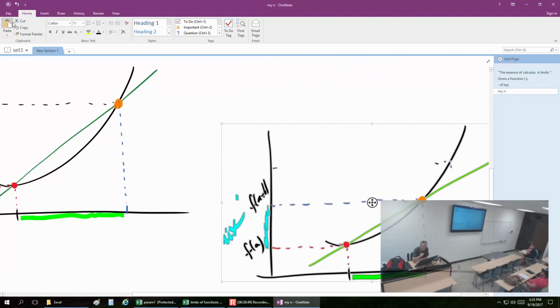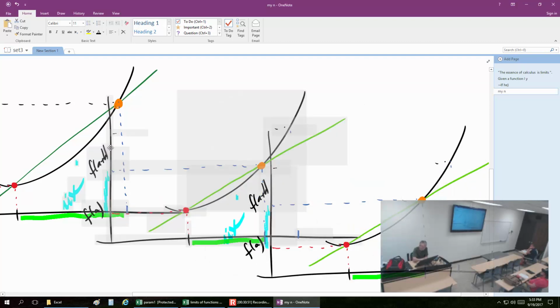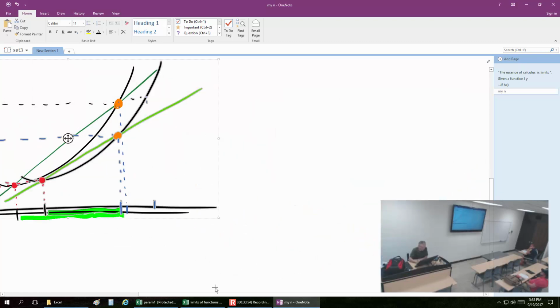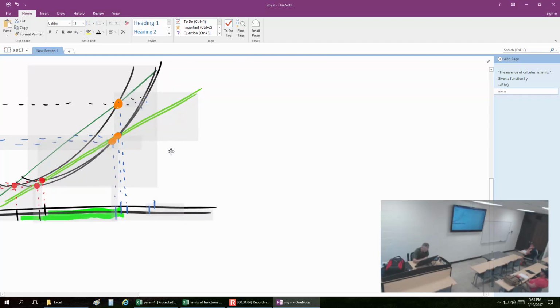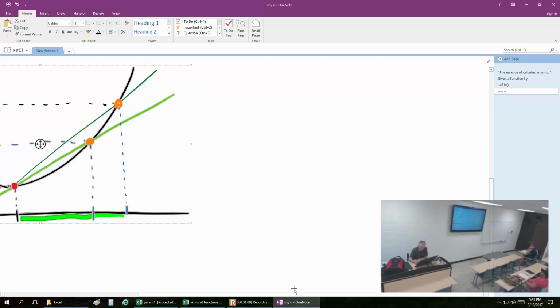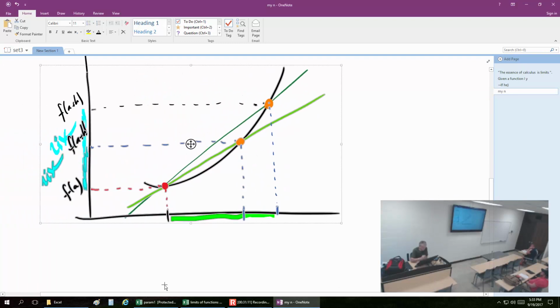Paste. Okay, so I'll just put it on top of it, hopefully. Almost. Okay, that's not bad. So number 1, number 3, and then wait a minute.